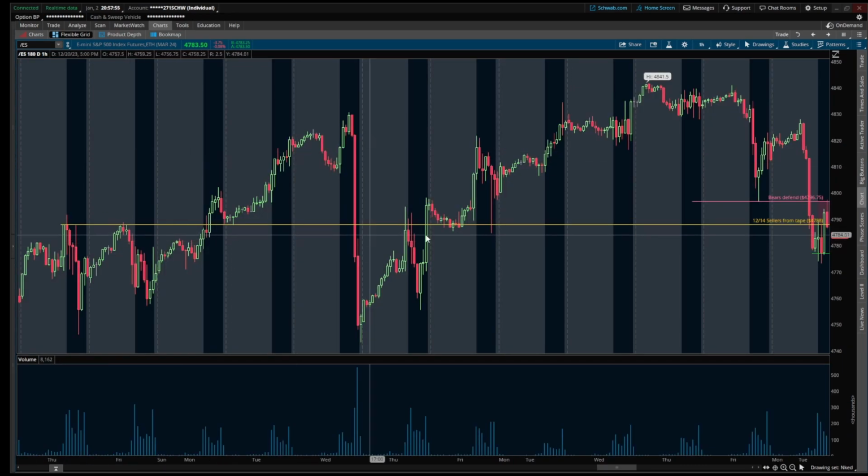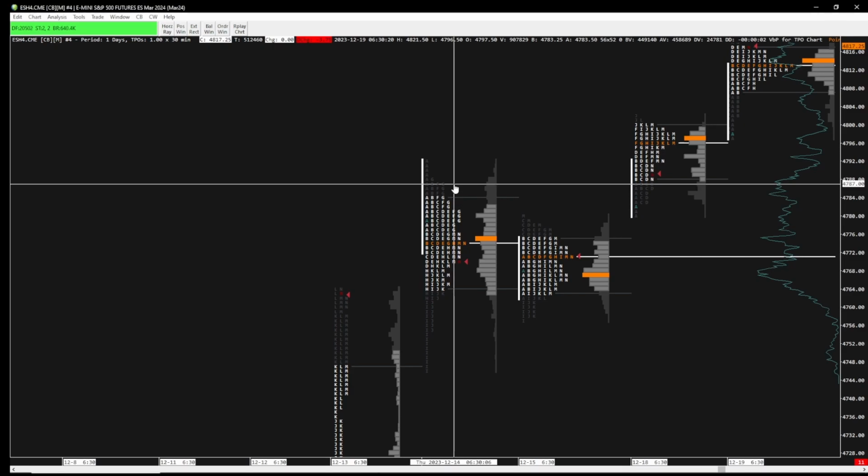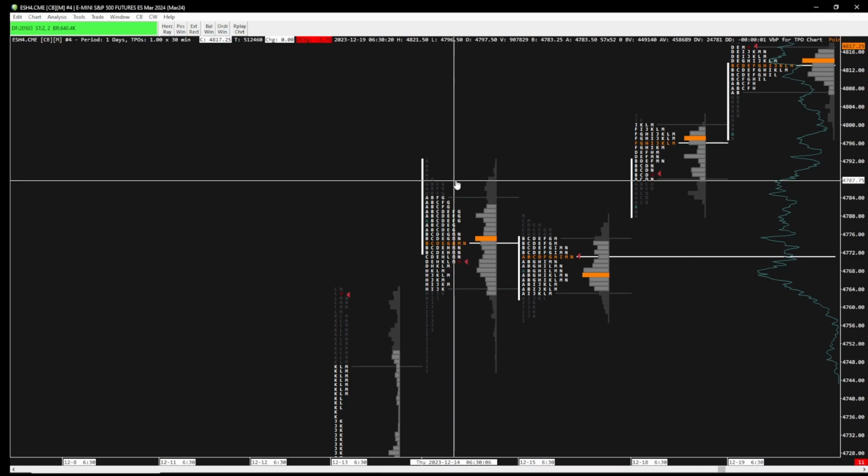Now, where I got 4788 from was back in December, where I spotted poor high structure that stems from the TPO chart. You can see here at the 4787s, 4788.